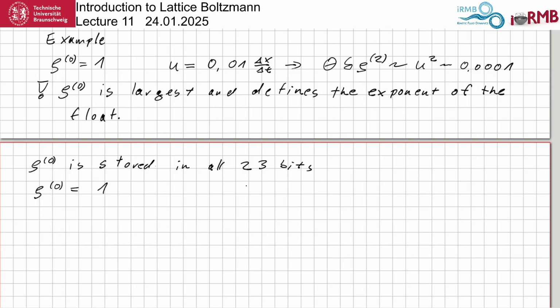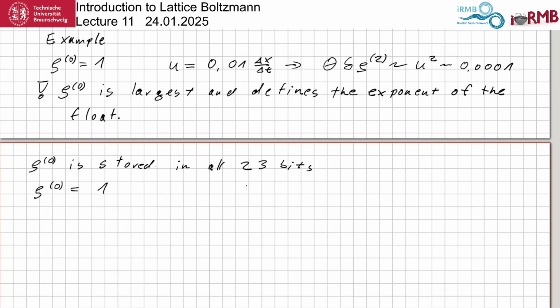Don't take this 23 bits to be too accurate, because as it is implemented, and I'm not absolutely sure about this, so I may make a mistake here, you actually have 24 of them, because you always know there is a 1 in front, so it is not stored. The way they are stored is as a point and all the numbers behind it, so you actually have 24 bits.